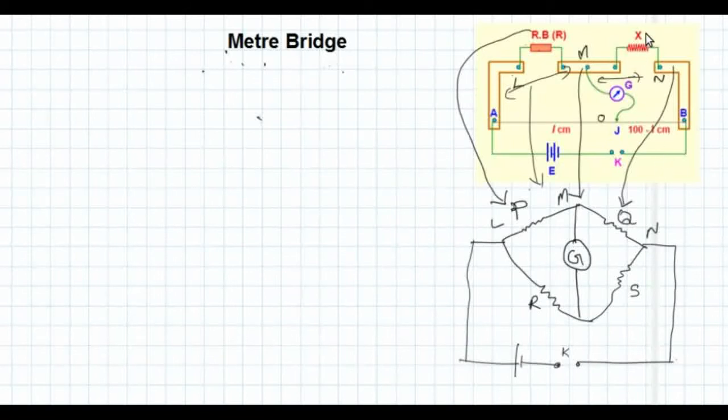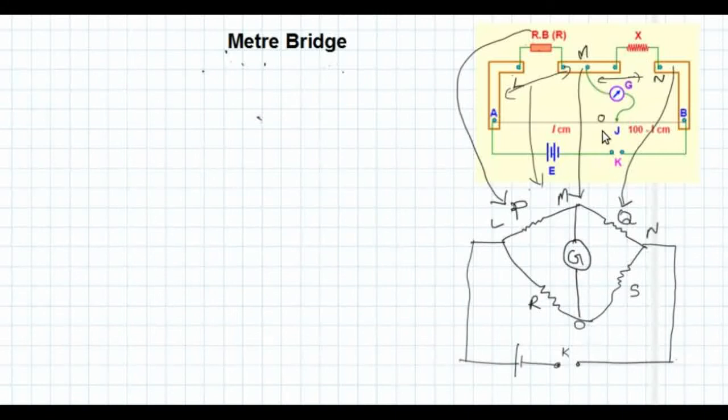Similarly, MN where resistance X is connected is similar to the resistance Q connected in the Wheatstone's bridge. So the side MN in the meter bridge is nothing but the MN side of the Wheatstone's bridge. So Q is represented by X in the meter bridge.